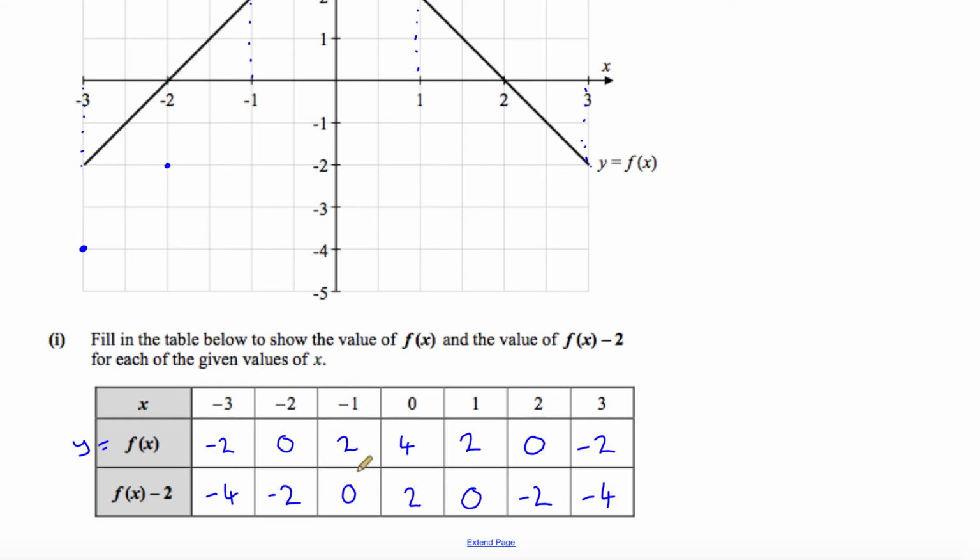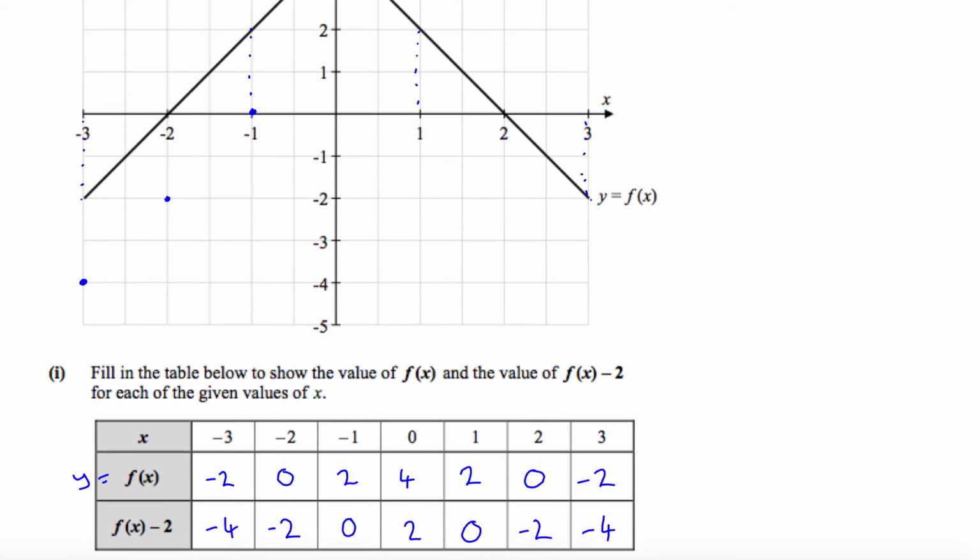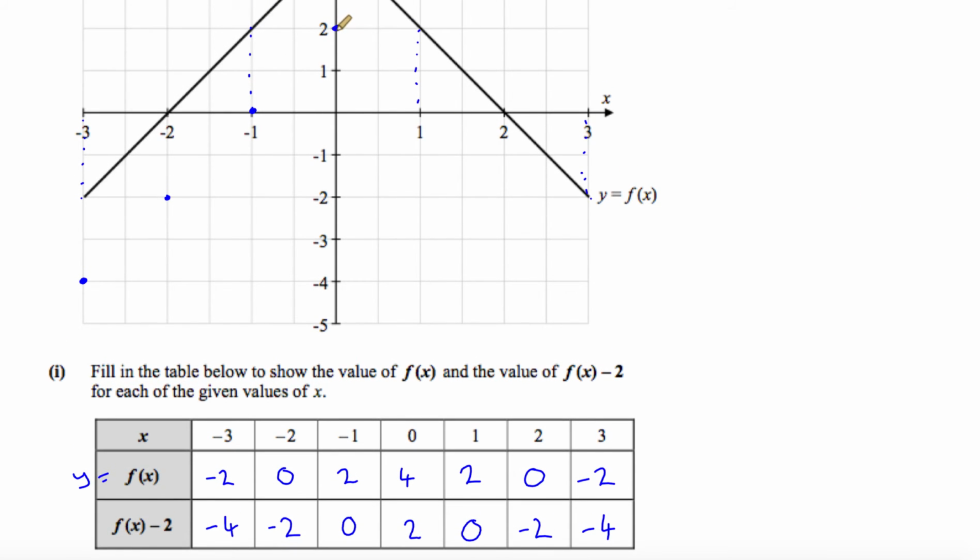Then we'd have minus 1, 0. Then we would have 0, 2, which would be here. Then we would have 1, 0. Then we'd have 2, minus 2. And finally we would have 3, minus 4, so over to 3 and down to minus 4.